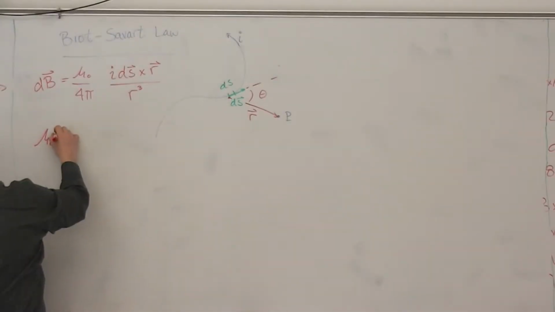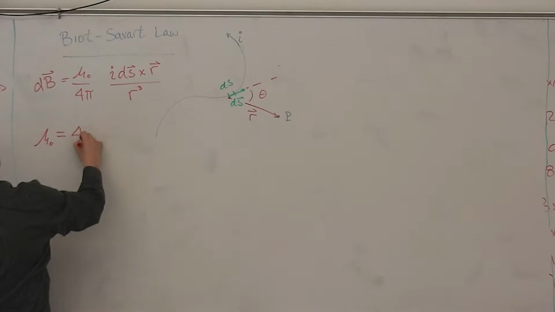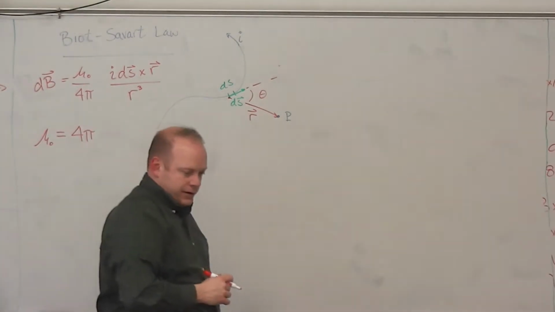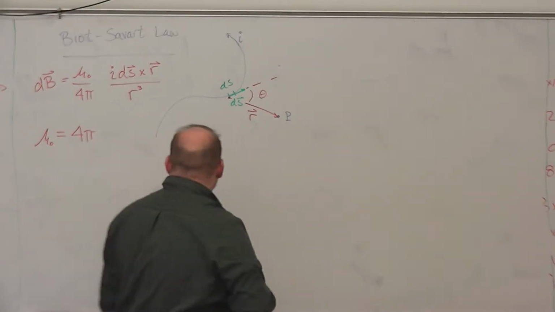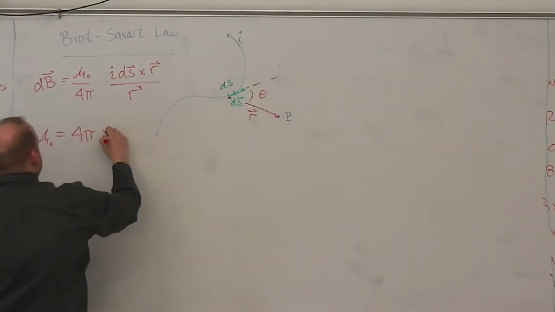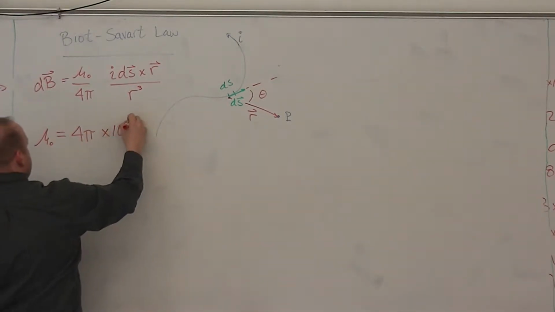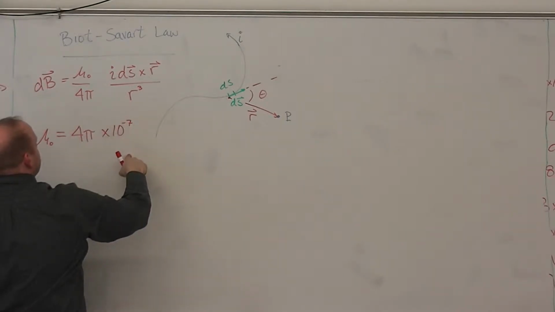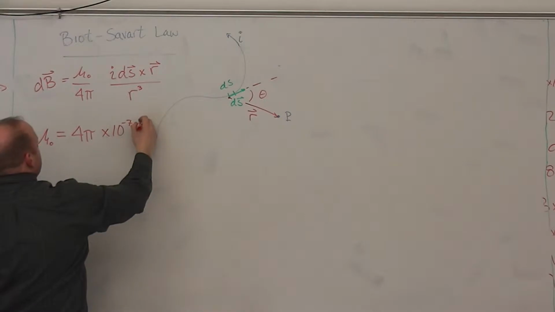Mu naught is equal to exactly, not close to, equals exactly 4 pi times 10 to the minus 7. And you can prove this to yourselves here.